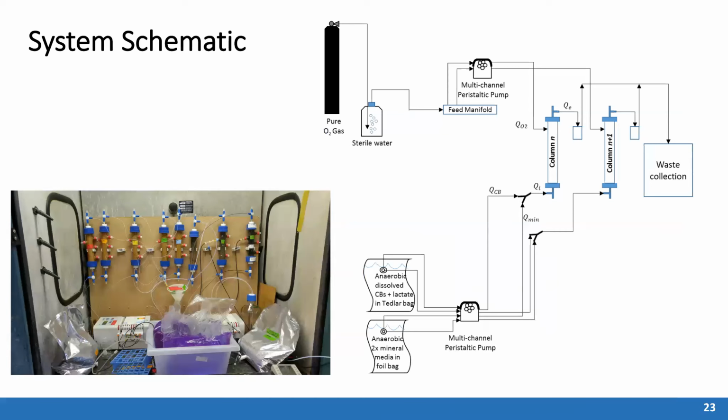Stephen set these up so that there are these Tedlar bags: in one bag he has the anaerobic dissolved chlorinated benzenes with the carbon source lactate, and in another bag he has mineral media so he can prevent contamination and growth in these bags. Then this feed is mixed to feed the columns. And then there's a separate feed where he bubbles pure oxygen into water, and that becomes the oxygen feed to create the aerobic zone.